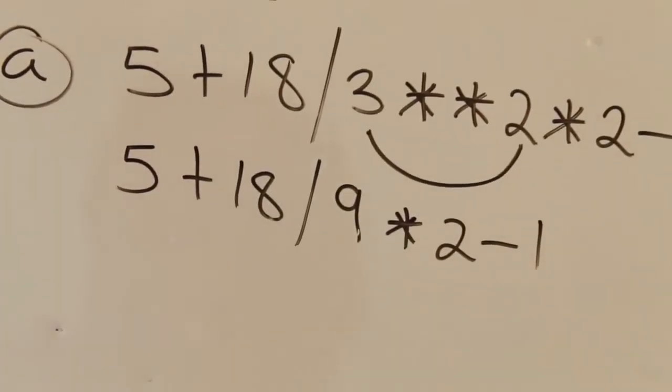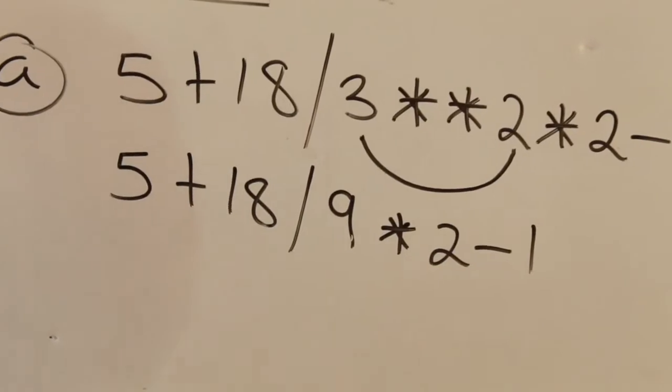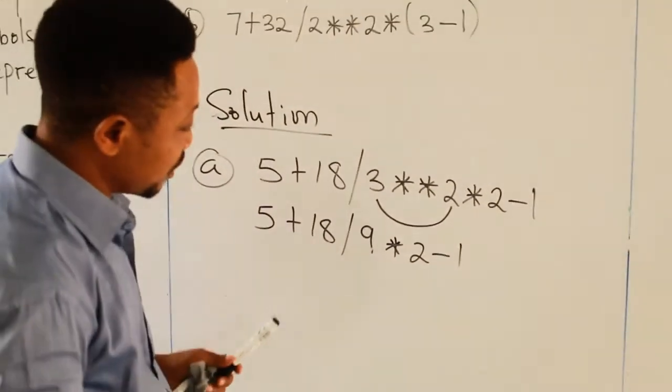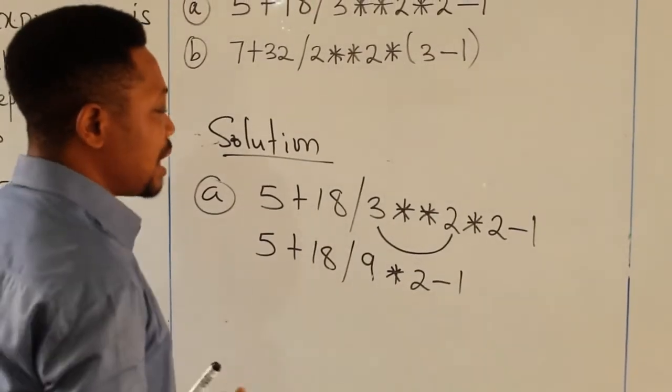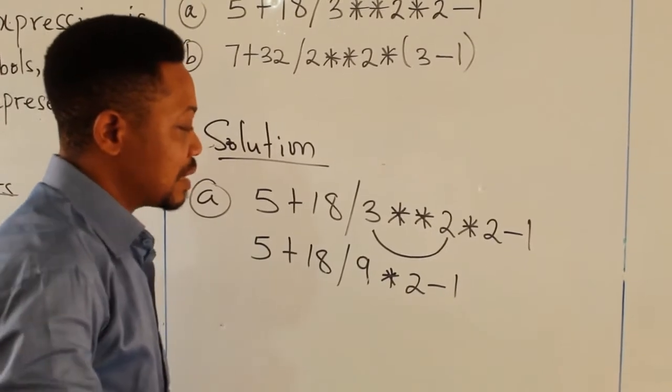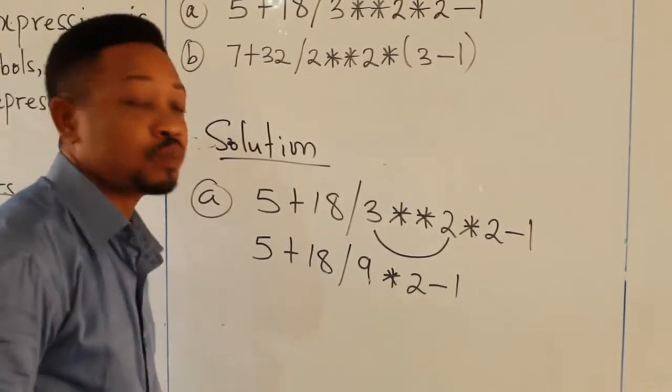Now look at this expression again. What's the next on the hierarchy? It's supposed to be multiplication, right? BEDMAS. But looking at the expression here, the sign that comes first is division.